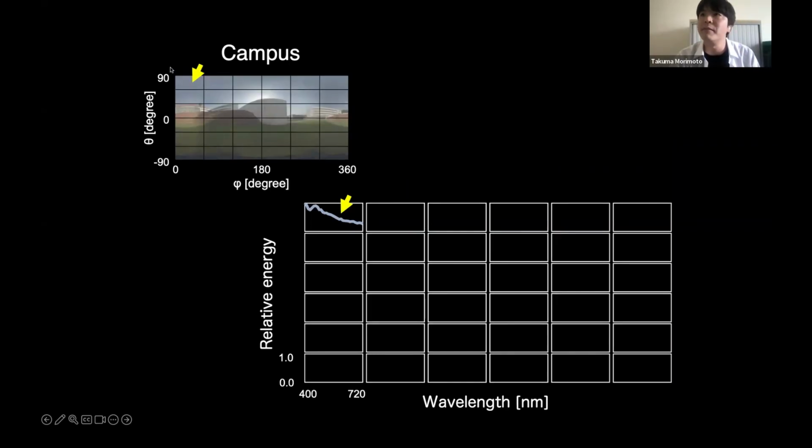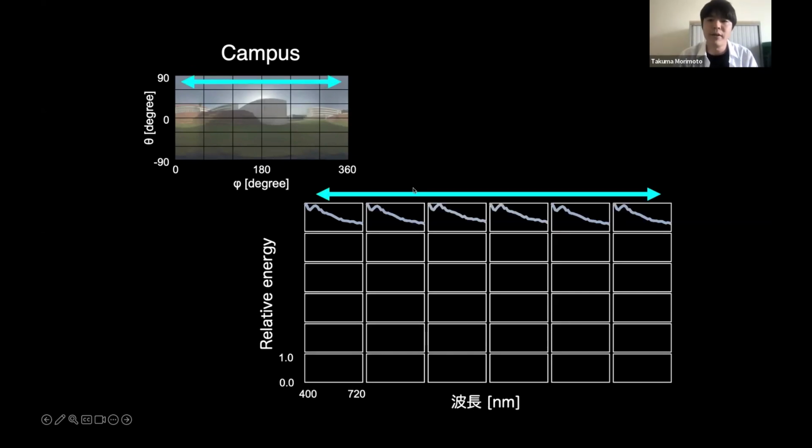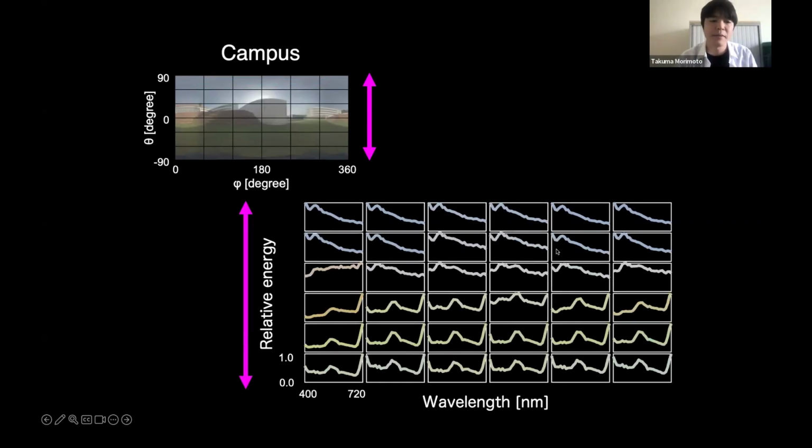The light coming from this part of the scene, from the sky, has high energy around the short wavelength region, like this. If you look horizontally, there is very little variation. So from the sky, depending on the angle, there's little variation. But massive variation is seen if you look at it as a function of elevation.